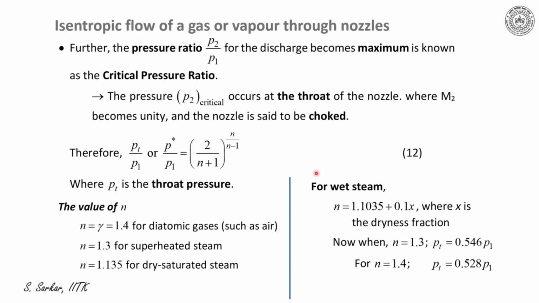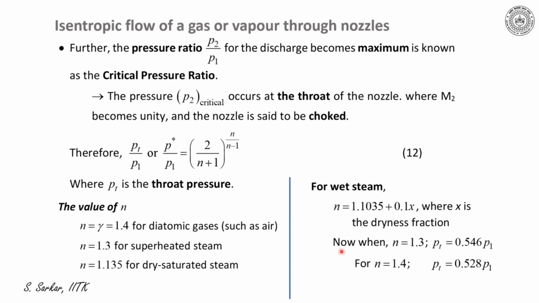Similarly, for wet steam, the value of n can be considered as 1.1035 plus 0.1 into x, where x is the dryness fraction.